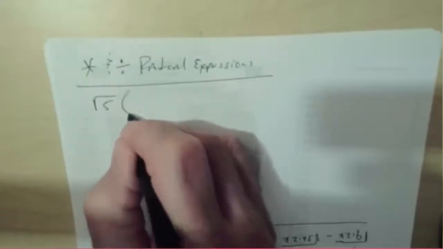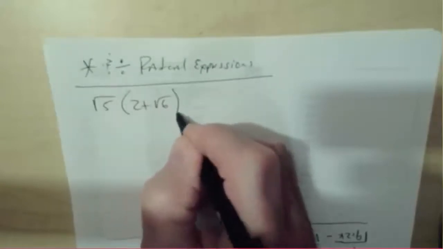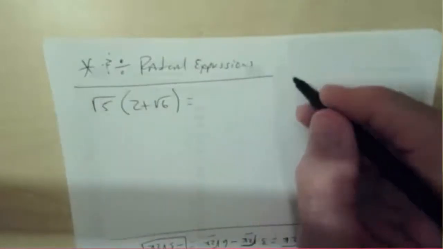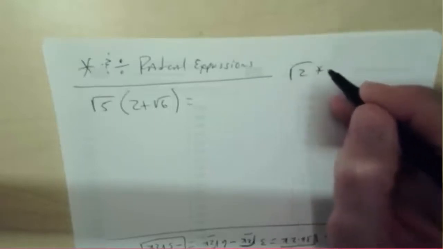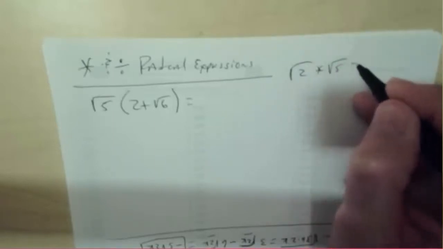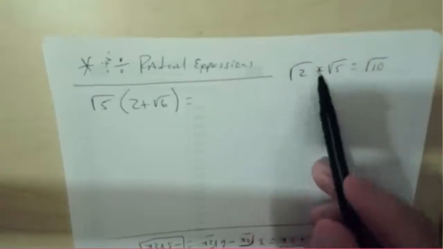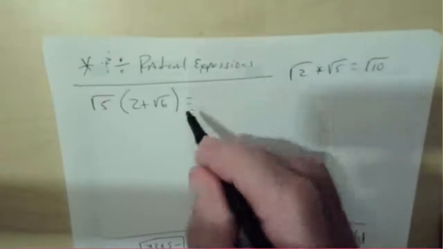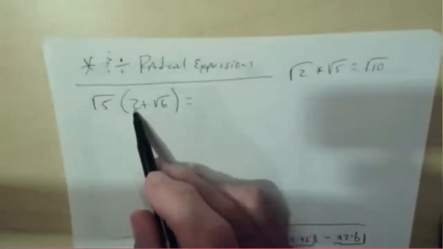Godless radicals. Okay, square root of 5, open, 2 plus the square root of 6, closed. Okay, now remember that the square root of 2 times the square root of 5 is the square root of 10, right? We multiply the radicands. Now here we have the distributive property, right?